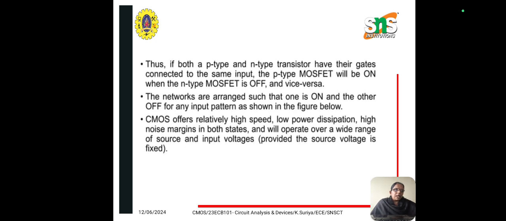The networks are arranged such that one is on and the other is off for any input pattern as shown in the figure. CMOS offers relatively high speed, low power dissipation, high noise margins in both states and will operate over a wide range of source and input voltages, provided the source voltage is fixed.